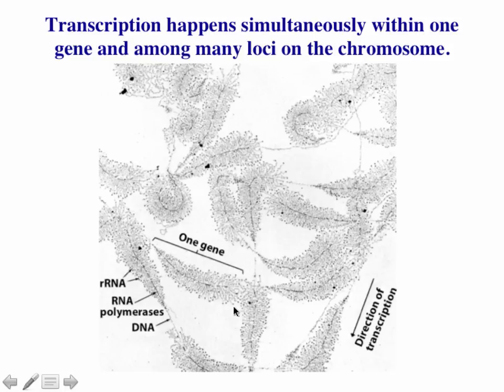That leads to this kind of image, where as you can appreciate, this is one entire gene right here. And if you look, that gene is being transcribed. If you imagine this as a feather, the little short parts are tiny little pieces of RNA being made. And as you move down the gene, those strands become longer and longer because you have had a lot more RNA transcription.